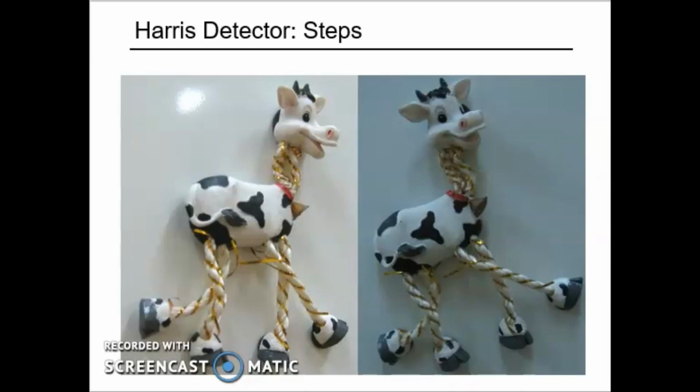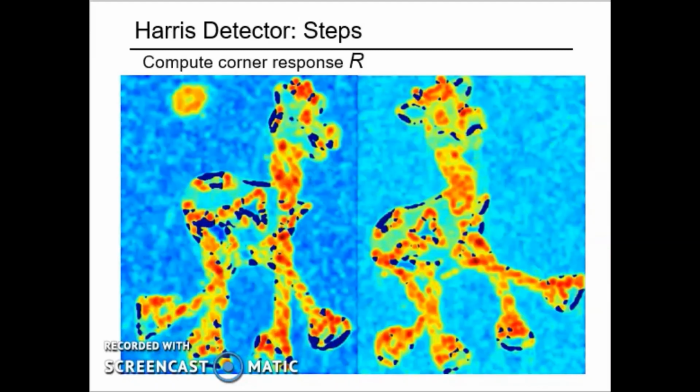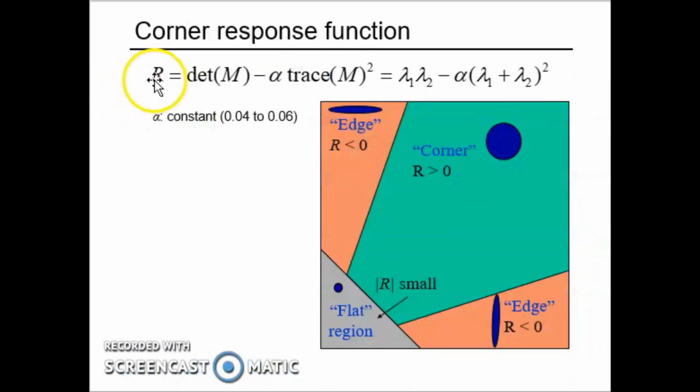Now let us consider an example image on which we will perform the Harris corner detection. As a first step, we will calculate the corner response R, according to the formula that we have already discussed, at every particular pixel location.